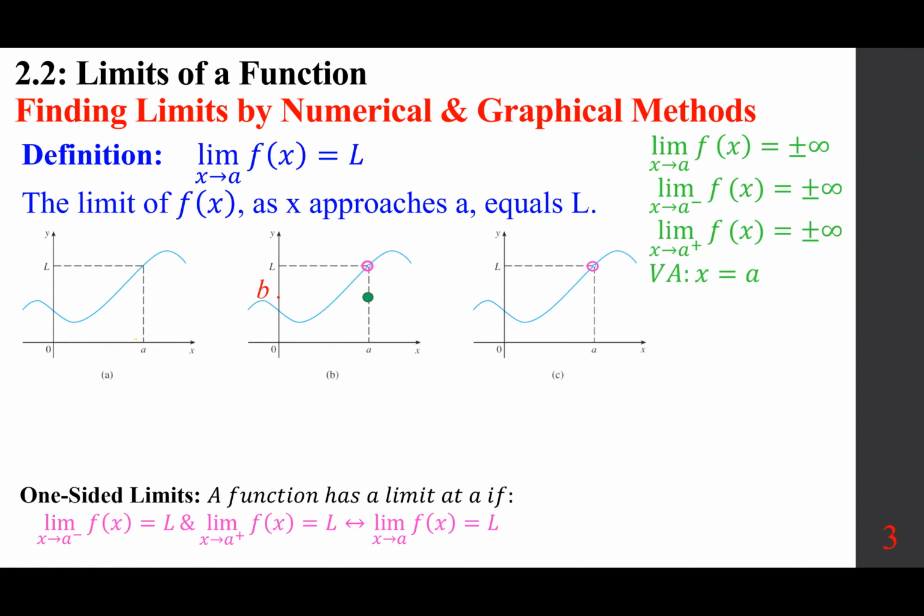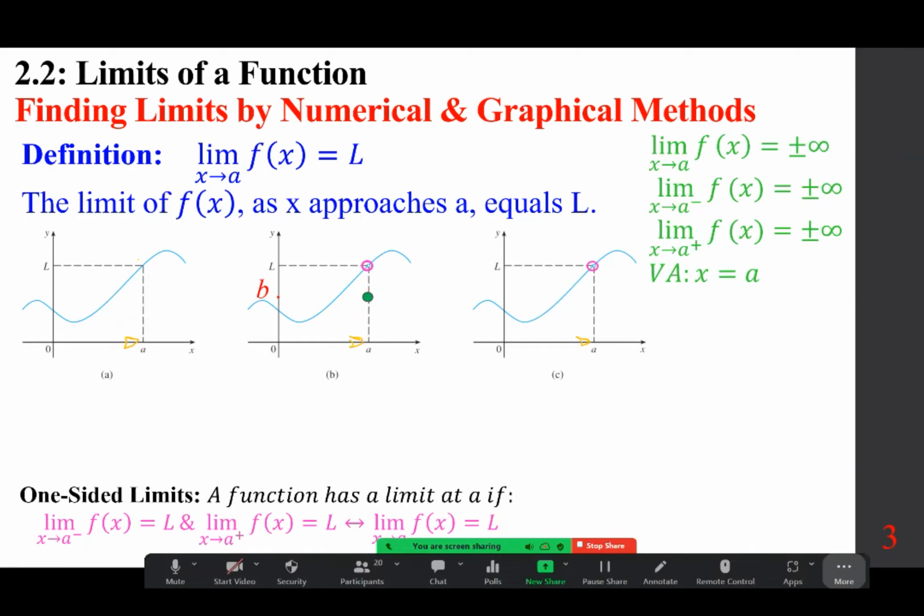Here's from the left side of a, that means we are moving this way, this way, this way, and this way. As we move from the left of a, we are in this branch, we are moving towards this point, we never get there, and the limit is L.